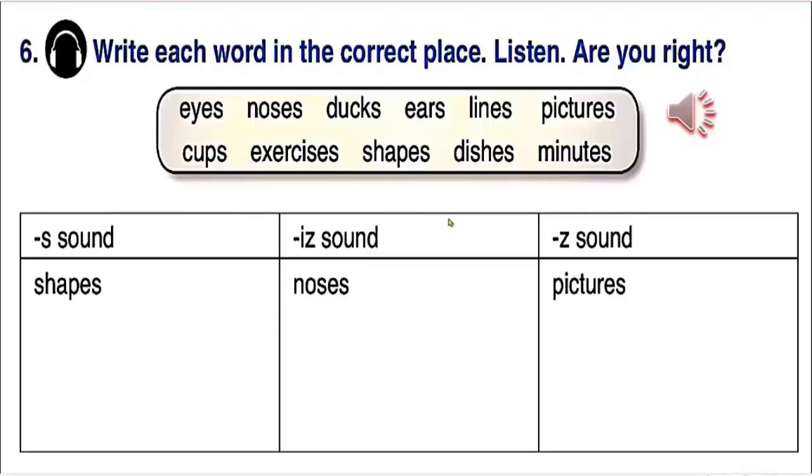The final S is pronounced S. Sometimes it's pronounced IZ, like noses. And sometimes it's pronounced Z, like pictures. Let's listen to these words: eyes, noses, ducks, ears, lines, pictures, cups, exercises, shapes, dishes, and minutes.